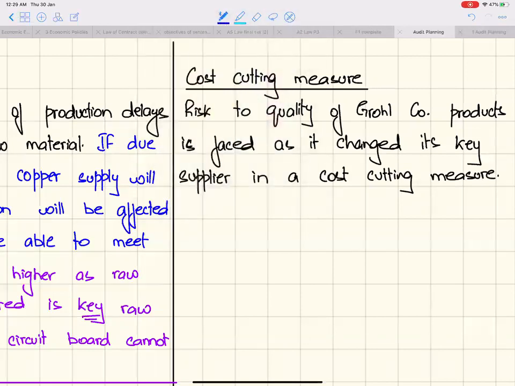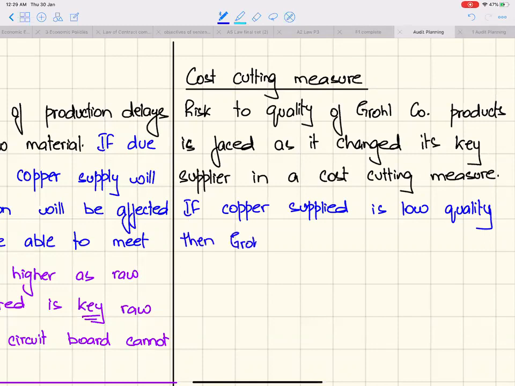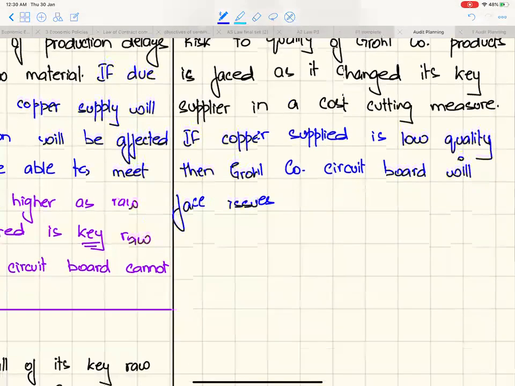Now, what will be the impact? If copper supplied is low quality, then Grahak company circuit boards will face issues as copper is the key raw material.